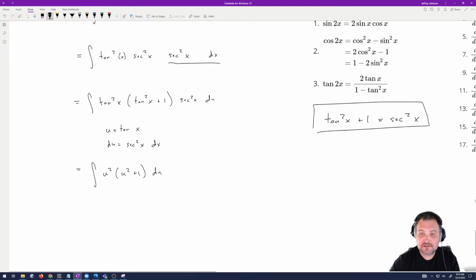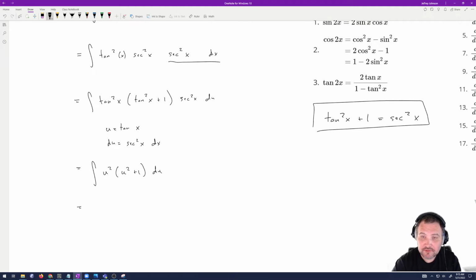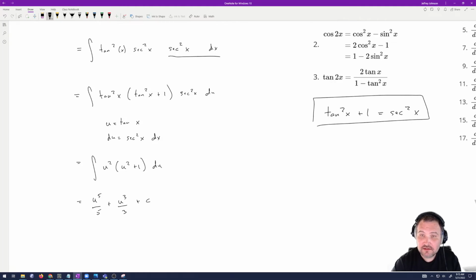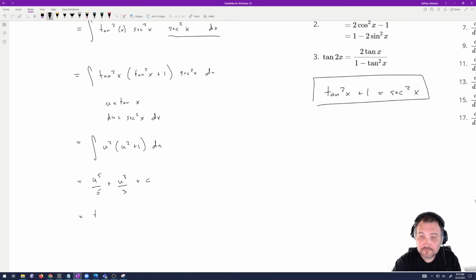And that is a fairly easy integral to find, happily. So we have a u to the 4th, so we get u to the 5th over 5, plus u squared, so we get plus u to the 3rd over 3, plus c, and we can put our u back. So we have tangent to the 5th power over 5 plus tangent to the 3rd power over 3 plus some constant of integration.